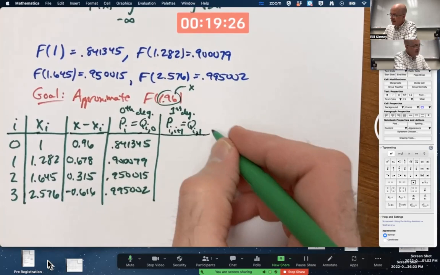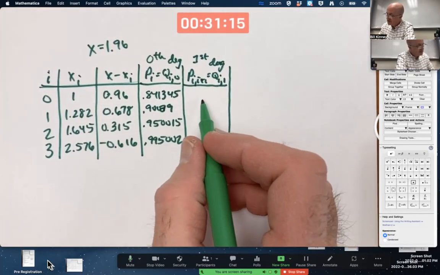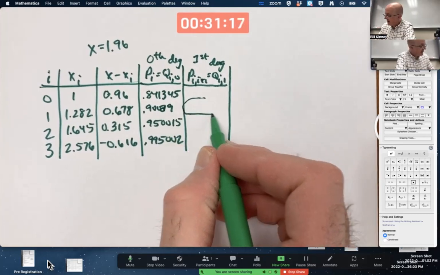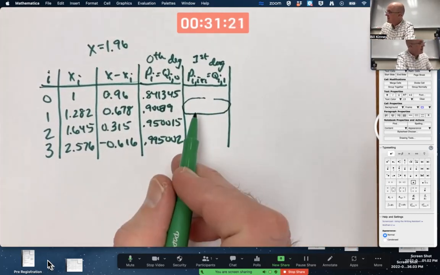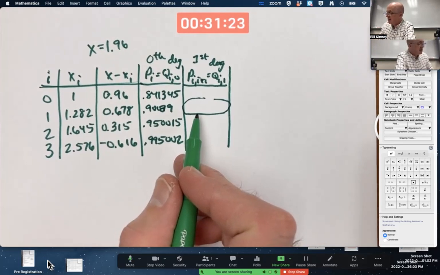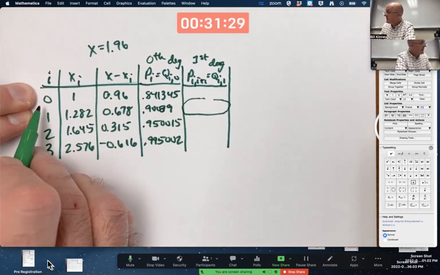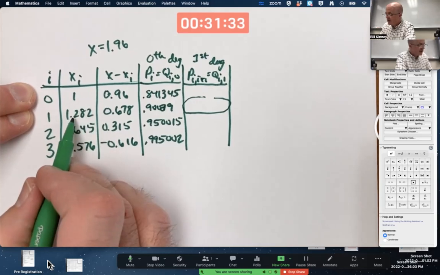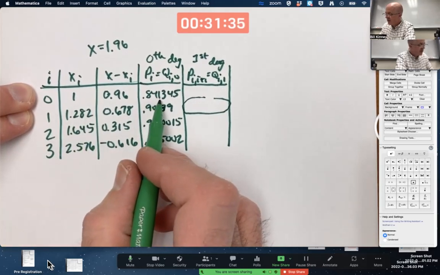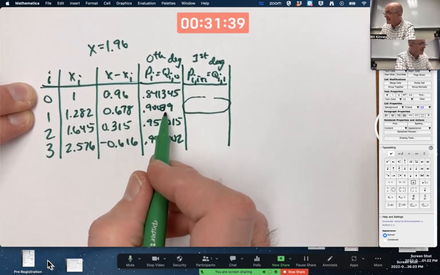Now we have to start doing calculations. For the 1st degree column, we start with a number that goes in this spot. And what is this number about? The number that goes here is going to be from a linear interpolation of the data for the 0th and 1st nodes, when x_i is 1 and 1.282, and the function values are 0.841345 and 0.900079.